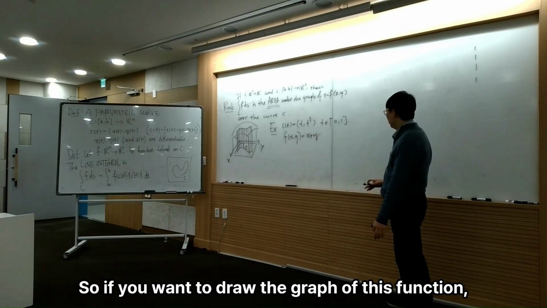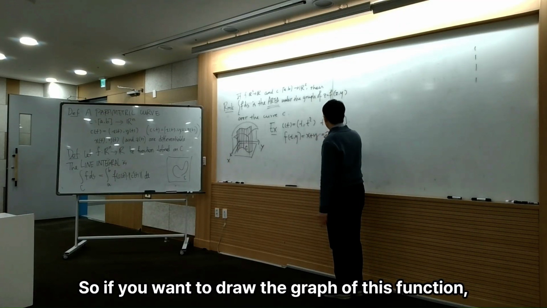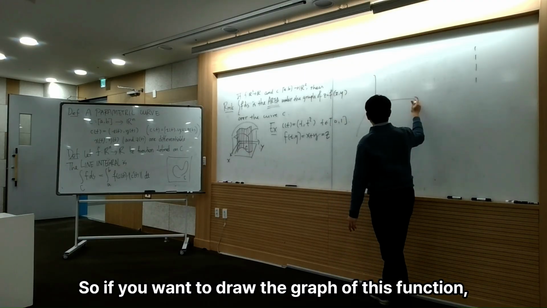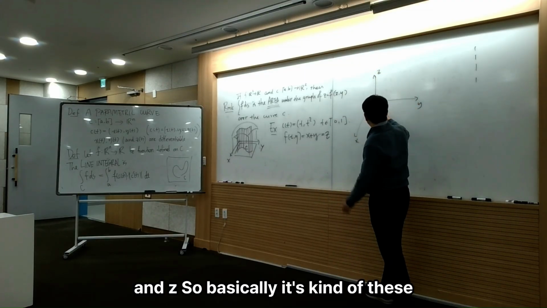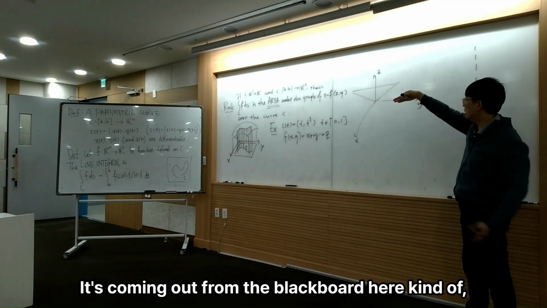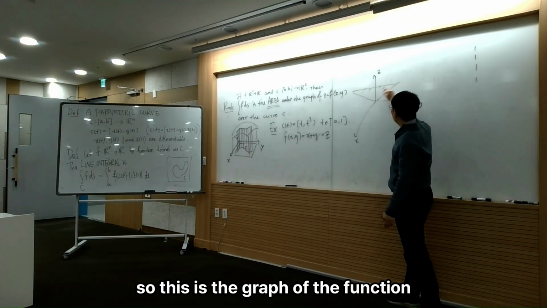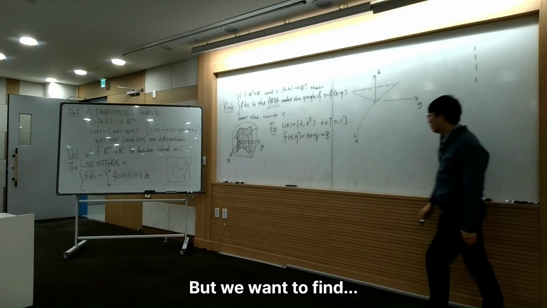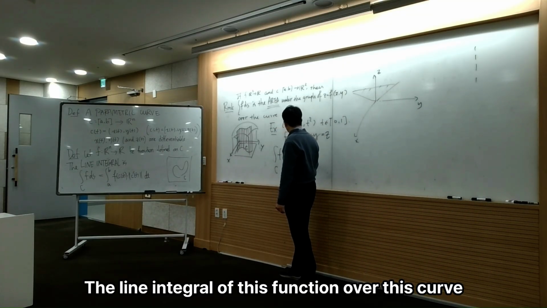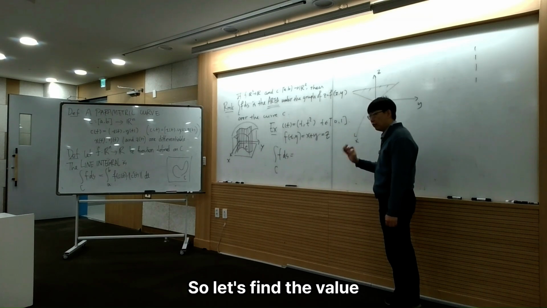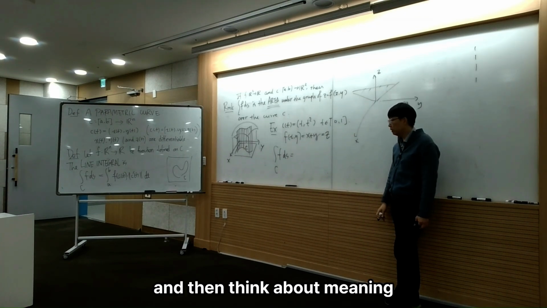If you want to draw the graph of this function, here x and y and z, it's kind of coming out from the blackboard here. So this is the graph of the function. But we want to find the line integral of this function over this curve.